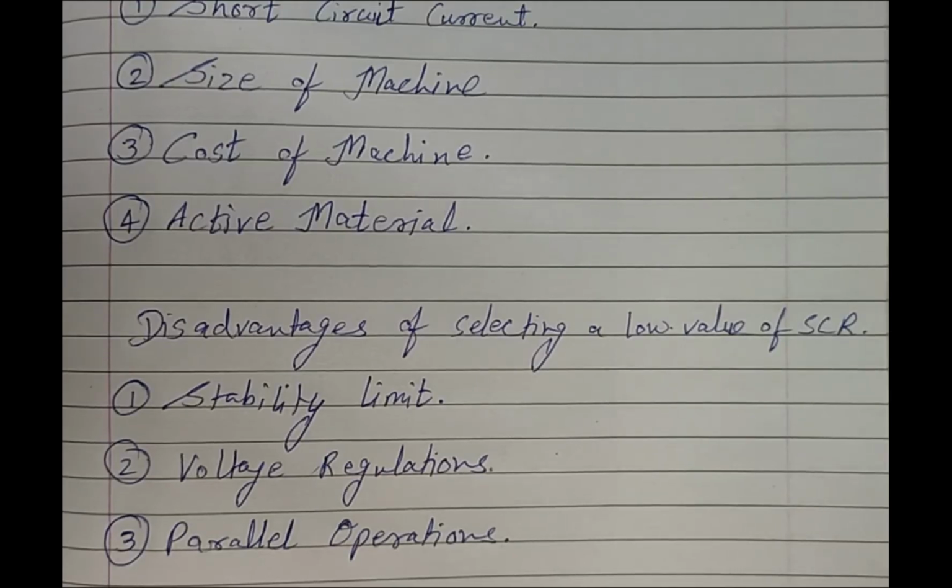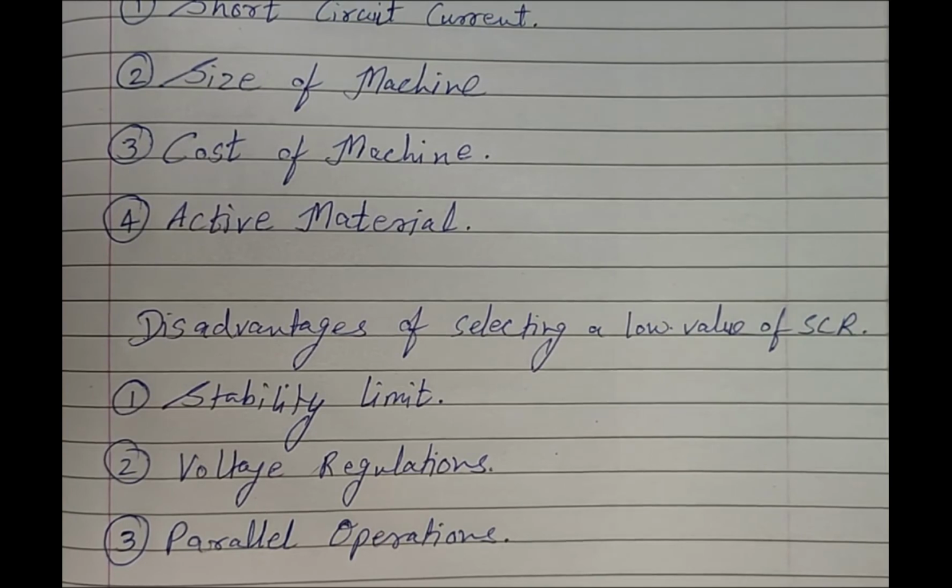Looking at the advantages as well as the disadvantages, we can say a higher value of SCR should be selected for the better performance of the synchronous machine, whereas keeping the cost consideration in mind, a lower value of SCR is suitable.